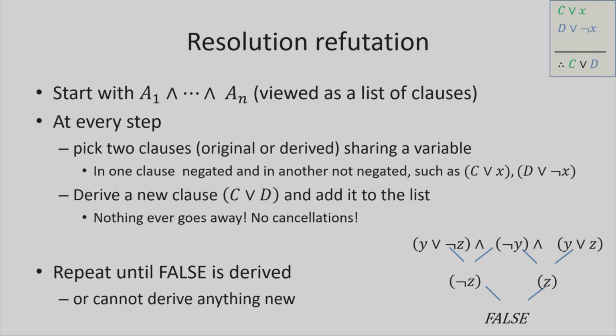So you originally had n clauses, or maybe more if some of those A1, ..., AN were CNFs that contain more than one clause. And every time you apply the rule, you throw one more thing into your list of clauses that you know. Those are the list of your assumptions, a list of facts that you know or you derived. You never throw things out. And then you repeat it until you derive false.